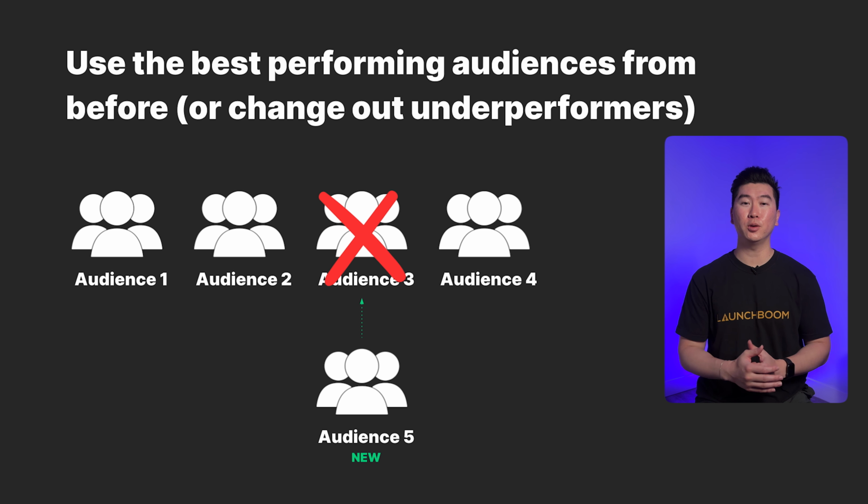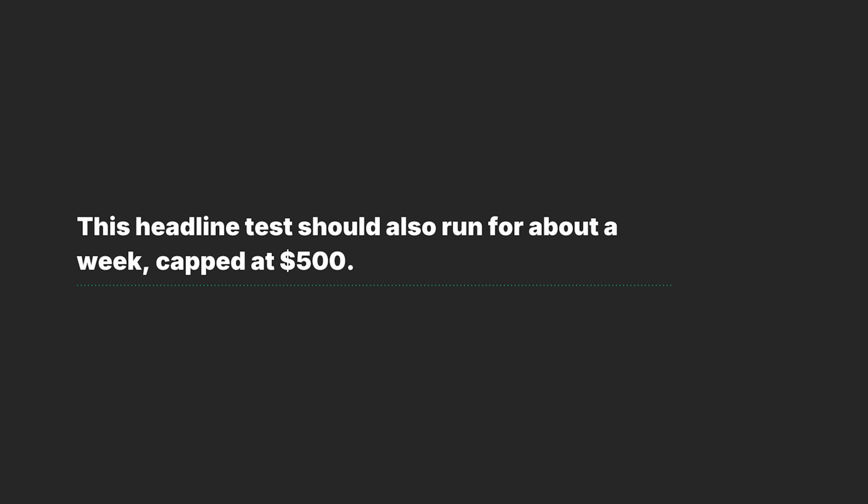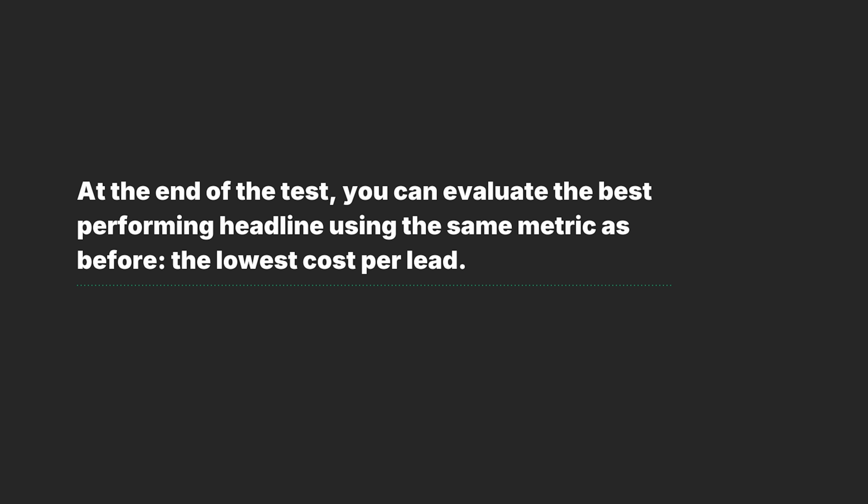For audiences, you can stick to the same ones as you used in the first test, or switch out any underperformers to see if a new target audience engages better. This headline-focused test should also run for about a week, capped at $500, mirroring what you did in the first image test. Stay consistent with optimizing your ad spend, and at the end of the test, you can evaluate the best performing headline using the same metric as before, the lowest cost per lead.